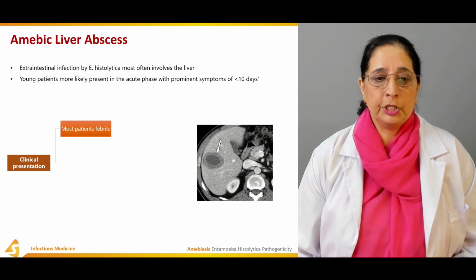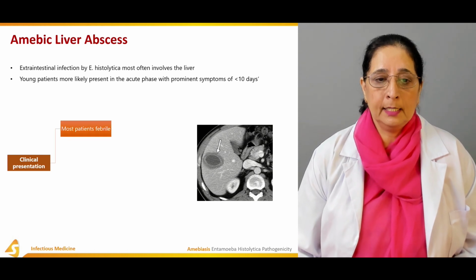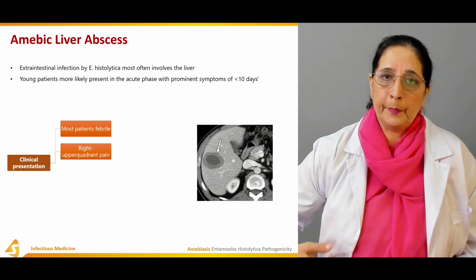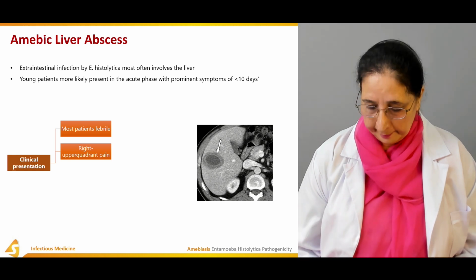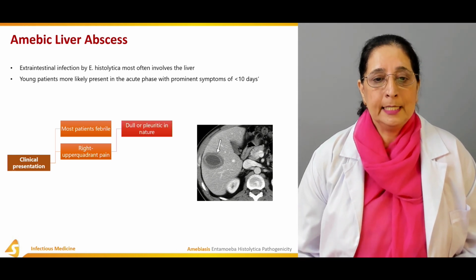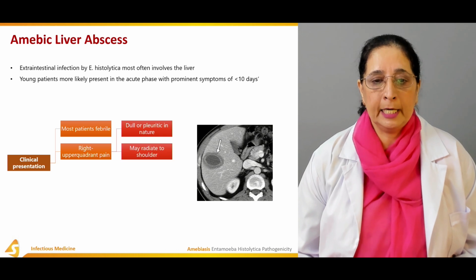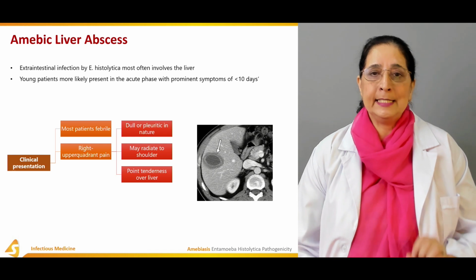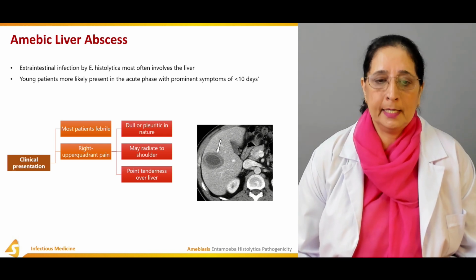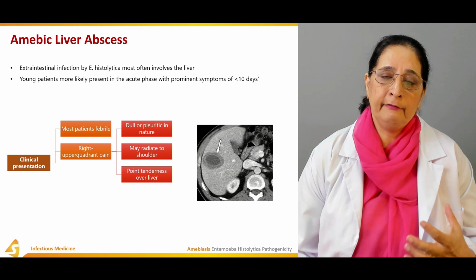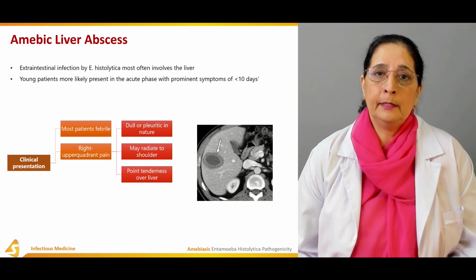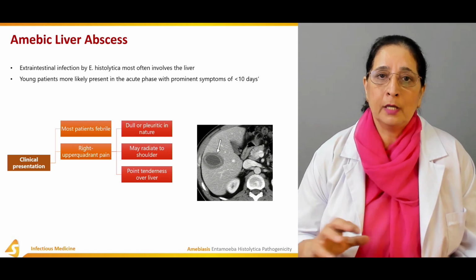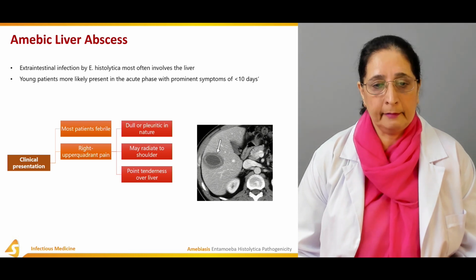The clinical presentation is fever, right upper quadrant pain where the liver is located, dull or pleuritic in nature, which may radiate to the shoulder, and point tenderness over the liver is present. These are very important clinical presentations we find on examination of the liver.